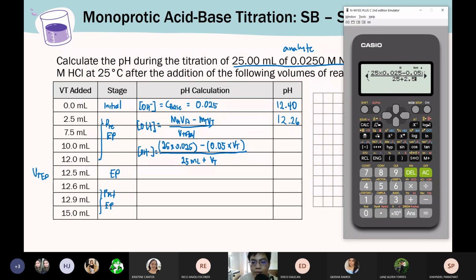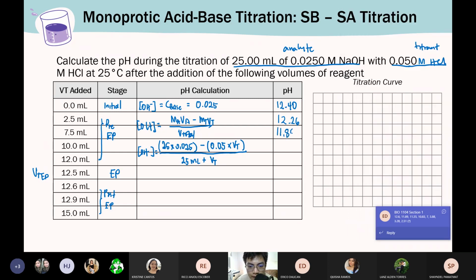Okay. Ako pumipindot-pindot lang ako dito. Next one, 7.5. Ay, sorry, mali. Okay, upon adding 7.5 ml titrant, I have a pH equal to 11.89. Okay. So, nilagay na ni Eric yung answer. So, check natin later. So, 11.89. Okay.